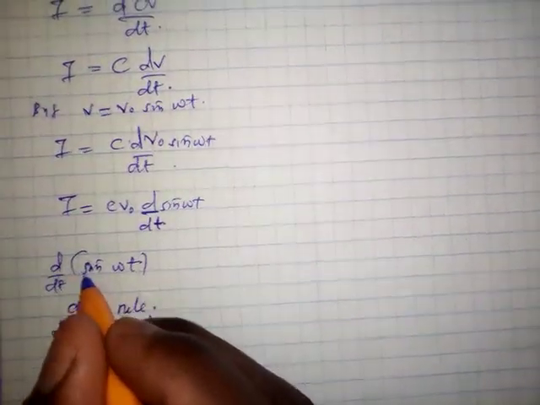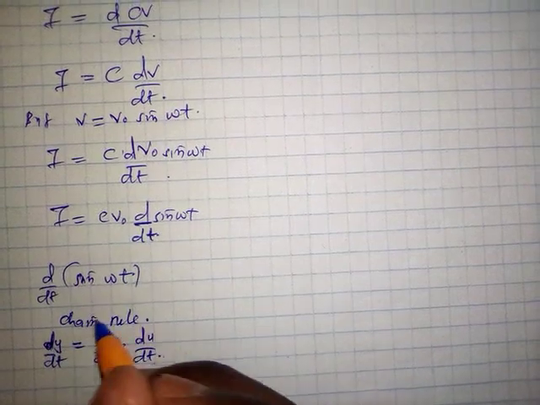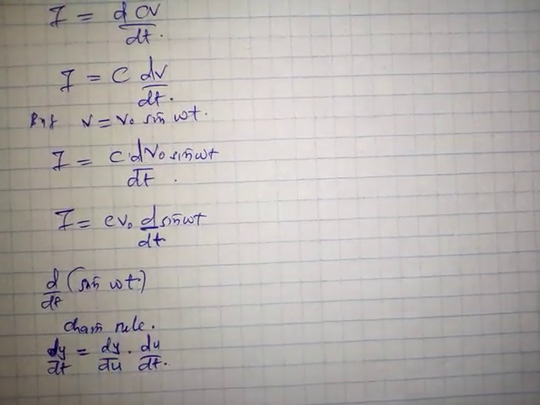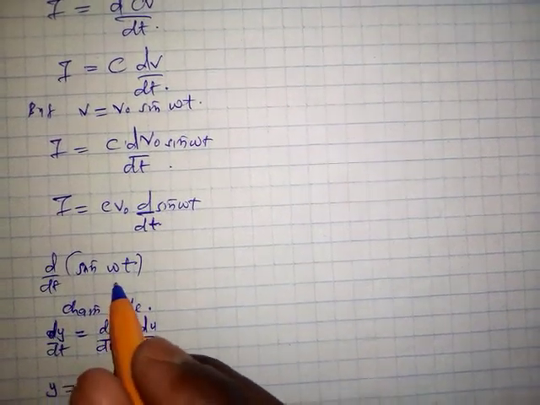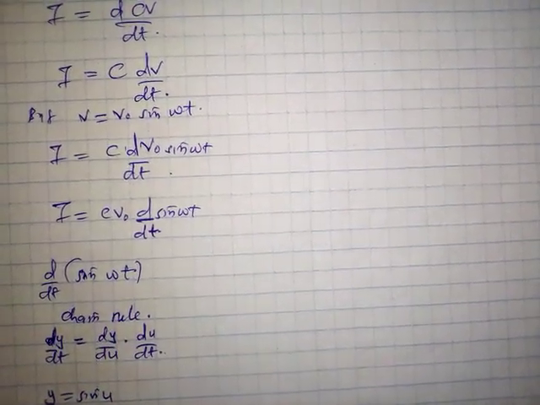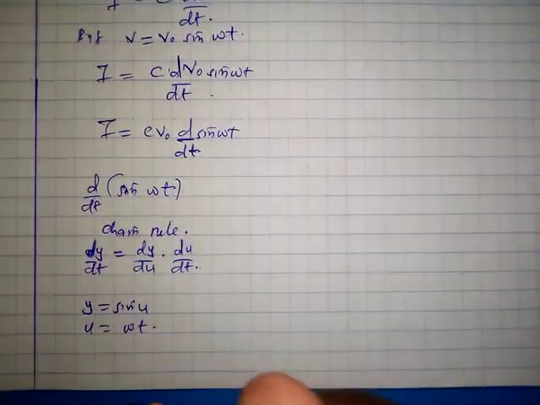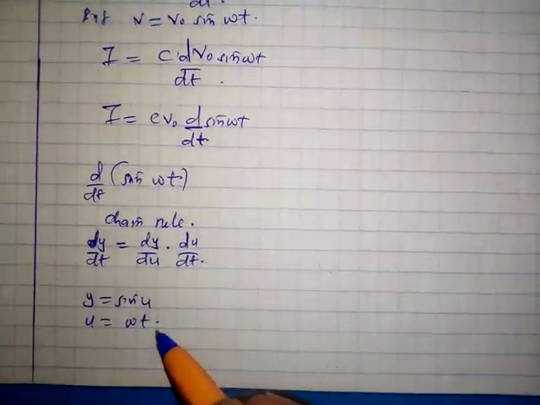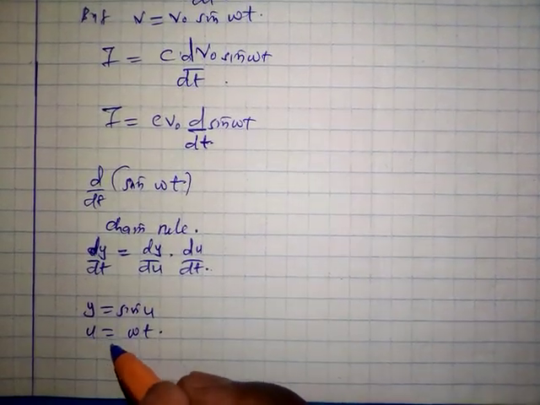So in our case, sine omega t, what's our y? Our y is sine u. Then our u is omega t. So the next step, we have to find the derivative of y and the derivative of u.